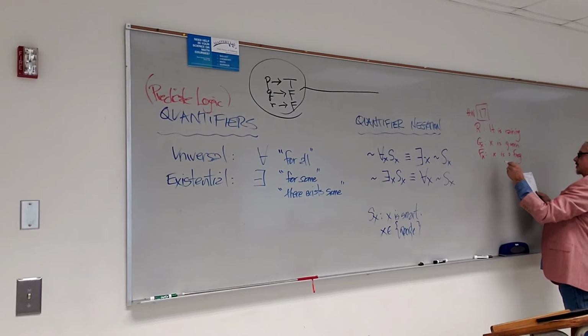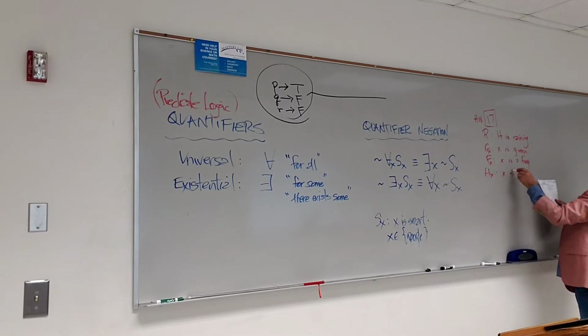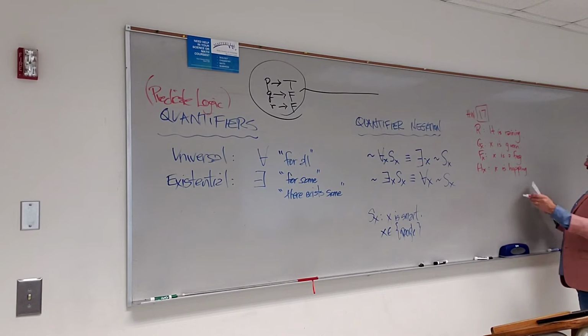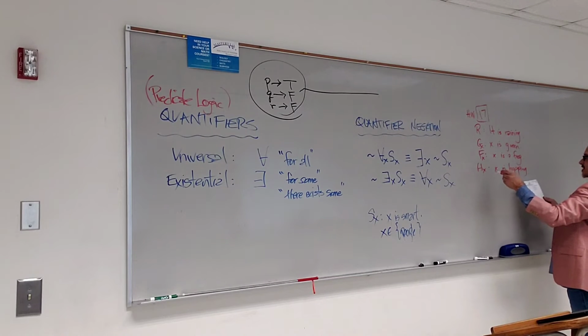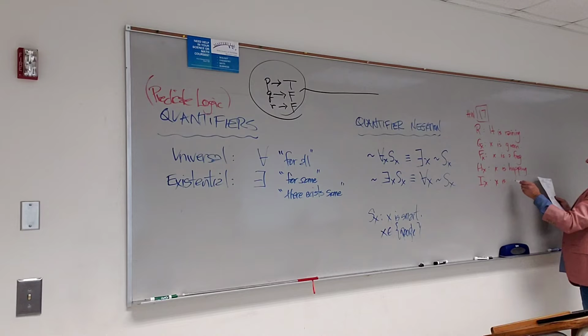H of X, X is hopping. Two P's in hopping, otherwise it would be hoping. And the last one is the given I of X, X is iridescent. Big word.